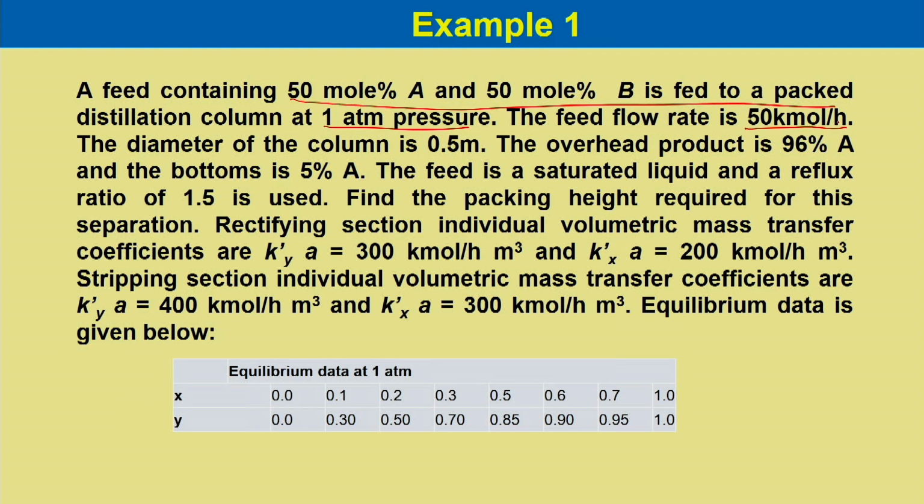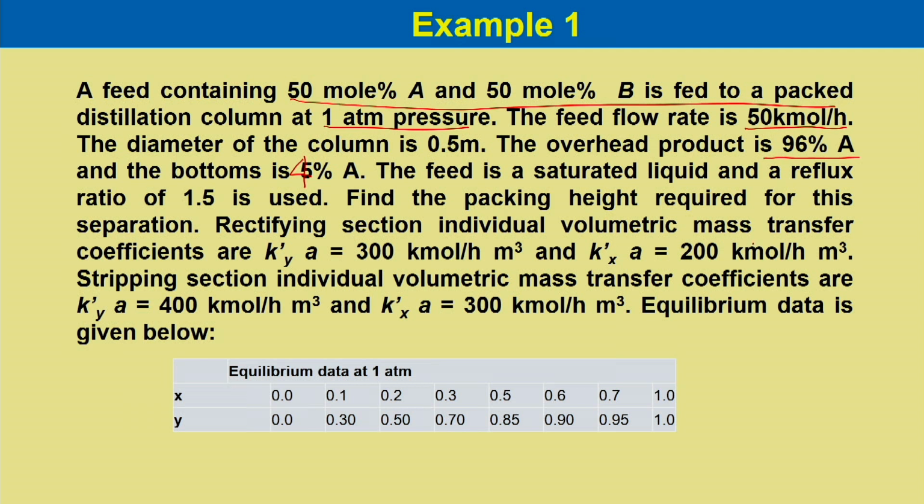The diameter of the column is 0.5 meter. The overhead product is 96% A and the bottom is 4% A. The feed is a saturated liquid and a reflux ratio of 1.5 is used. Find the packing height required for this separation.